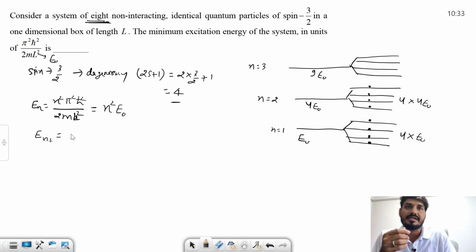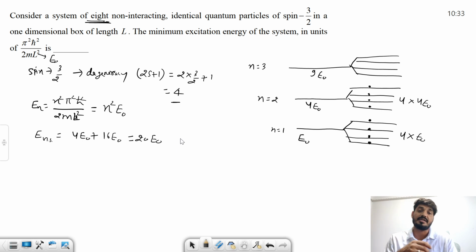So I can say this is 4 E naught plus 16 E naught, these two, right? So this is 20 E naught is the ground state energy.